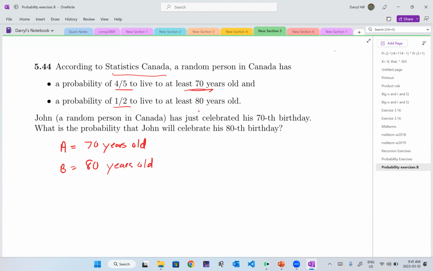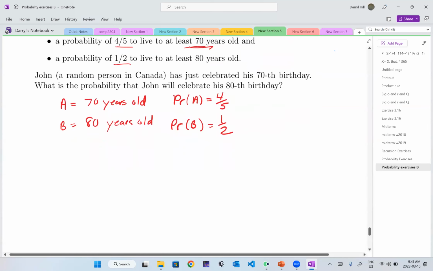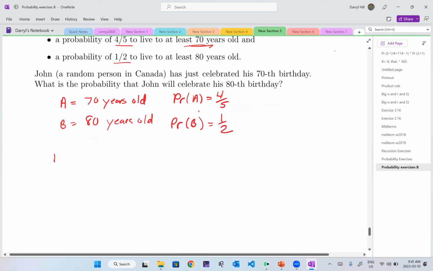We know the probability of both of these. Probability of A is 4/5, and the probability of B is 1/2. And now we want the probability of B given A.